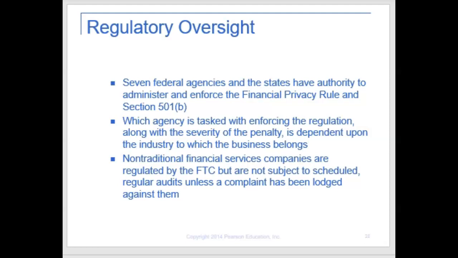Also, you want to keep an eye on the Federal Register. The Federal Register is going to publish any of the FTC guidance that is out there.